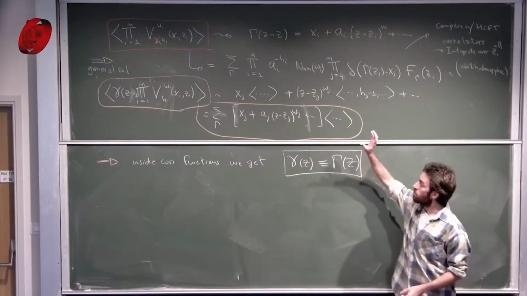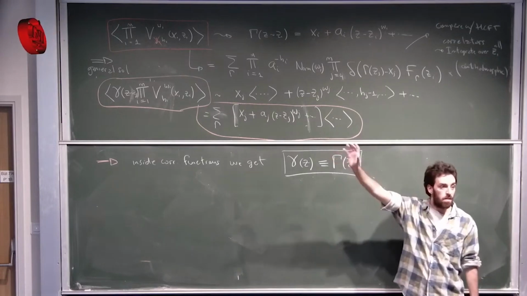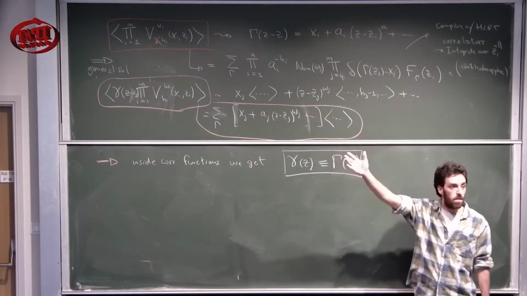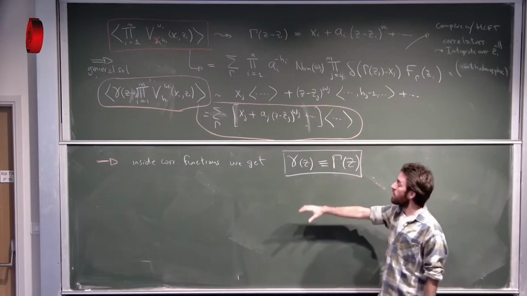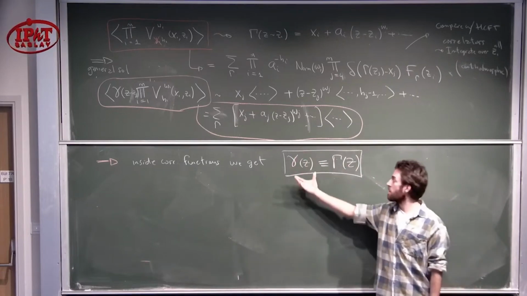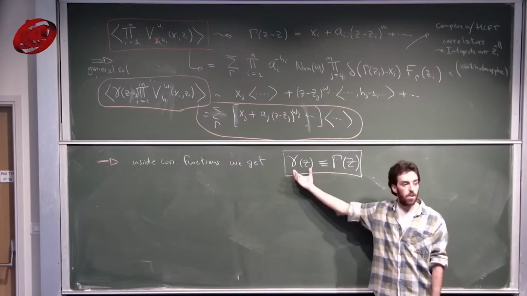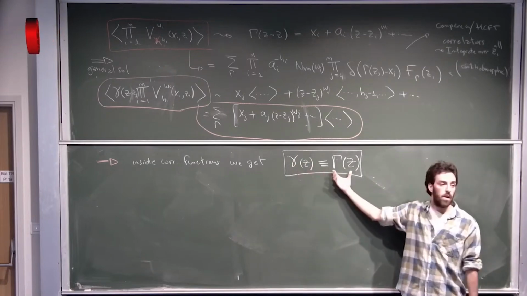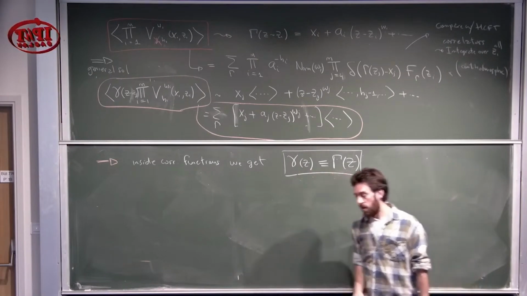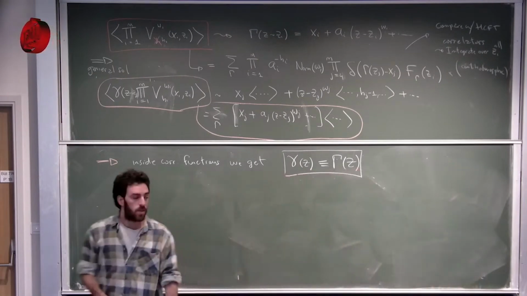You have correlators which localize exactly at points where the covering maps exist. And then what you see is that inside any correlation function, you can always replace gamma, the little gamma, the Wakimoto field, with the actual covering map that you use to compute the correlation function.